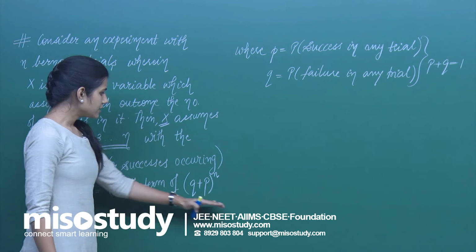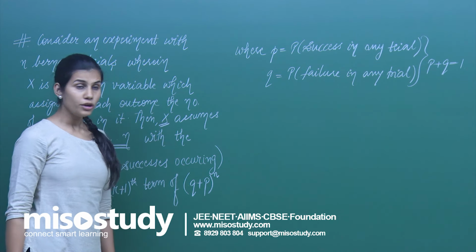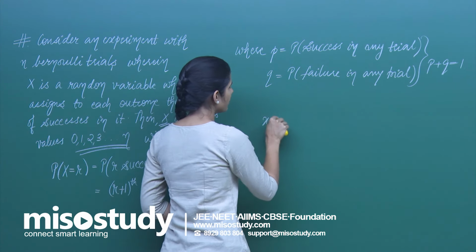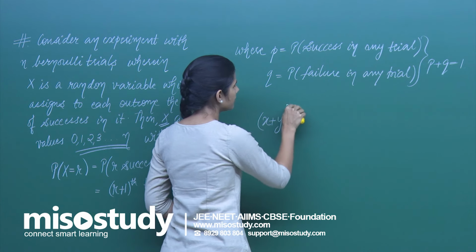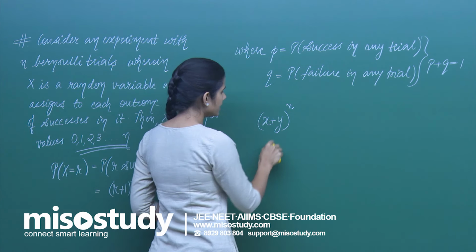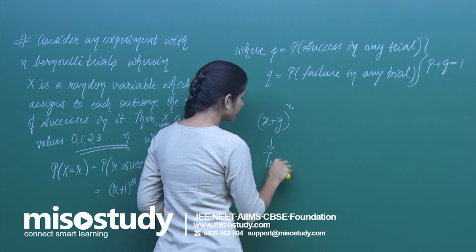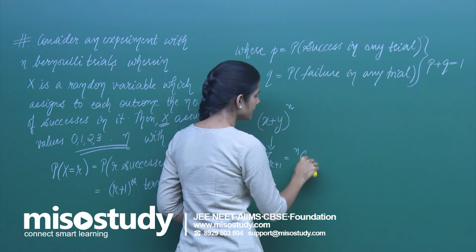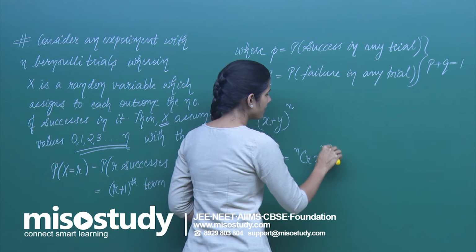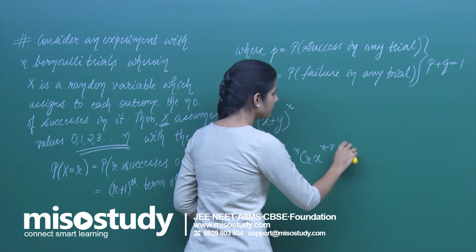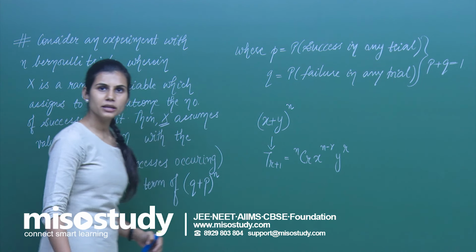So, the r plus 1th term of q plus p whole to the power n. You all know that if I talk about x plus y whole to the power n, then what is the r plus 1th term of this expansion? Isn't it nCr x to the power n minus r y to the power r? We have done this in binomial, right?